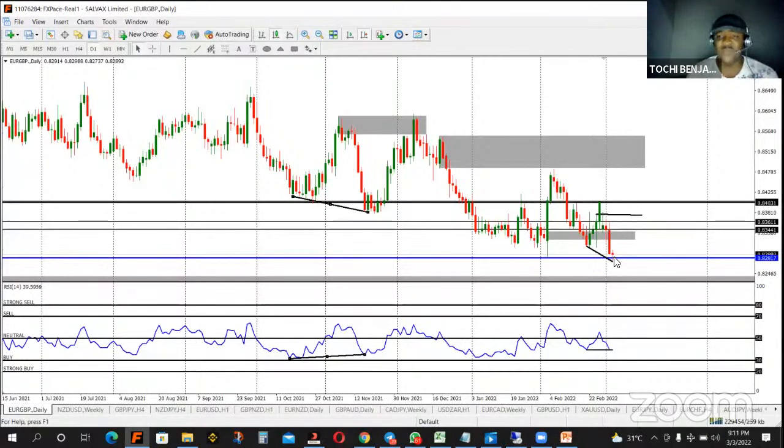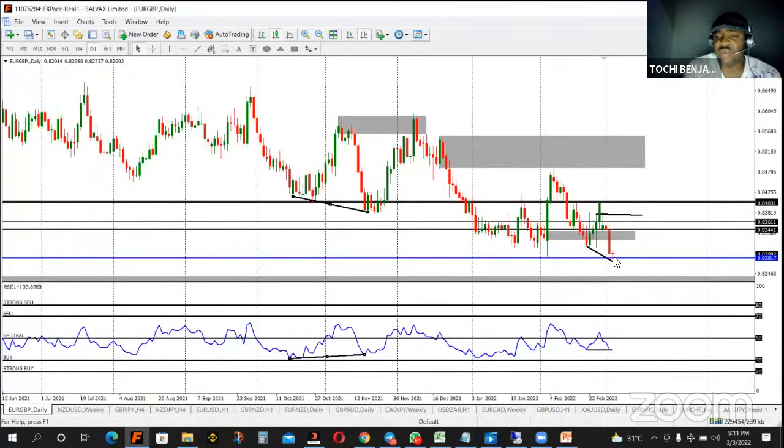Technically, this market is a buy. It has gotten to a yearly low, which I marked in blue. If it breaks it, then I surrender, and I'll start looking for opportunity to sell. But for now, I still hold a buy bias.